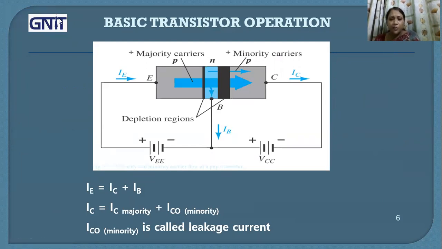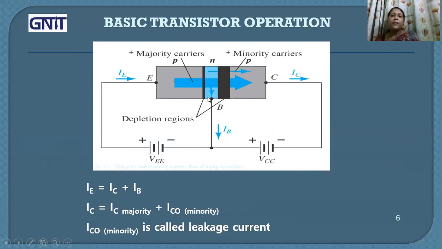Now, if we increase this reverse bias voltage more and more, what will happen? The width of this depletion layer increases, and it is gradually increasing, then again increasing, then again increasing.